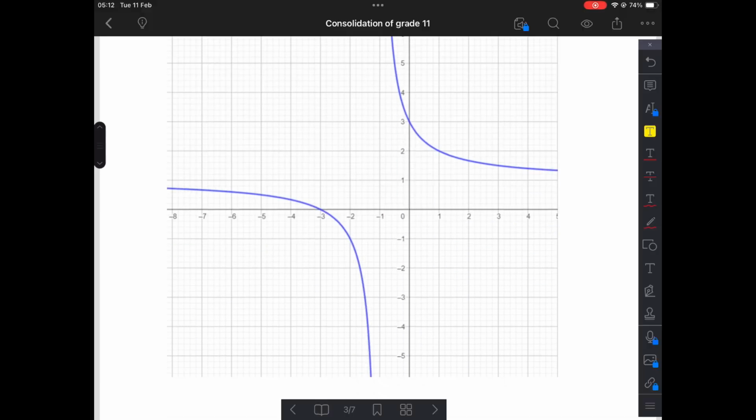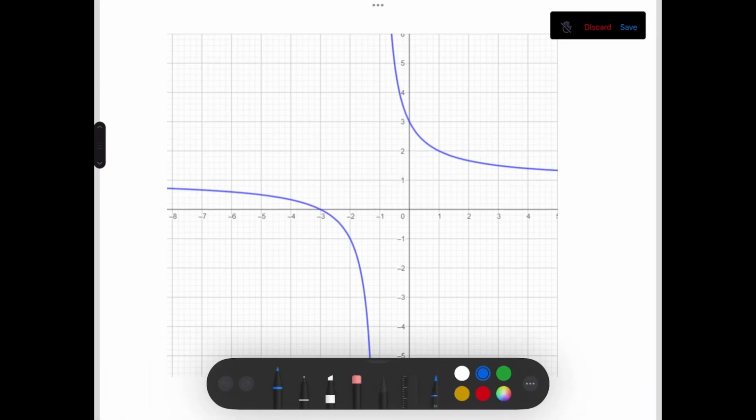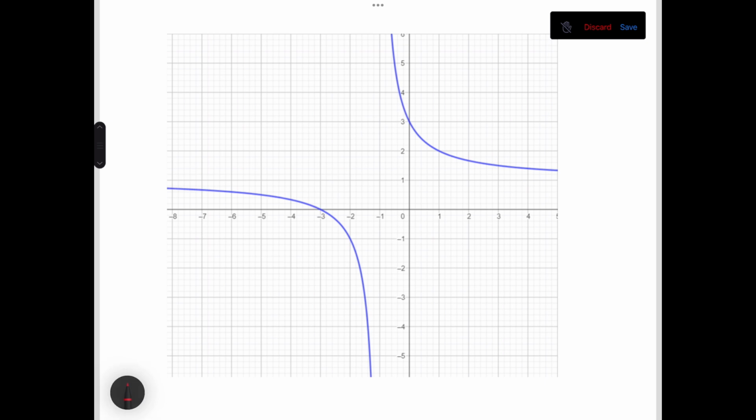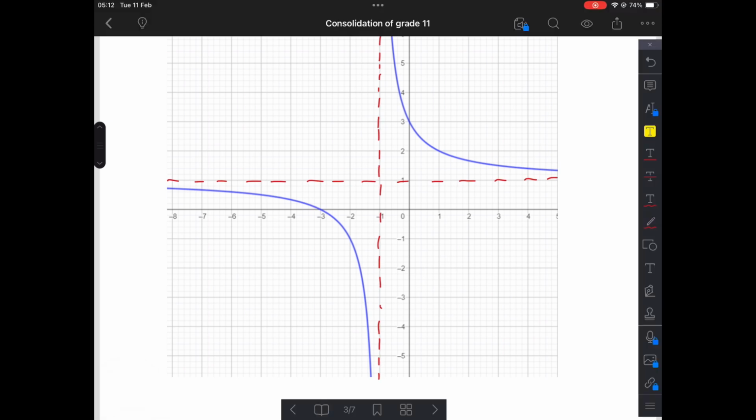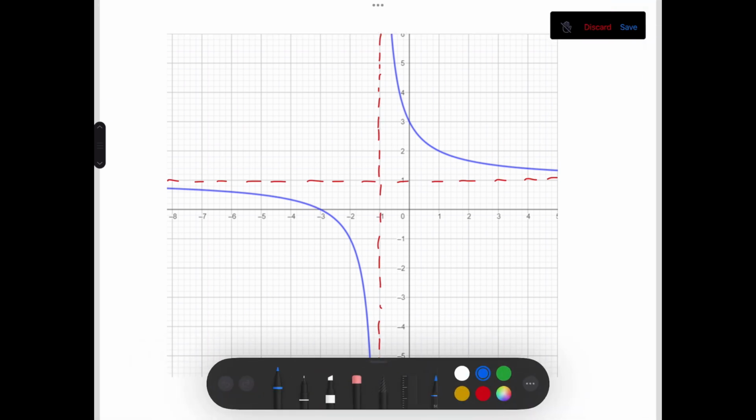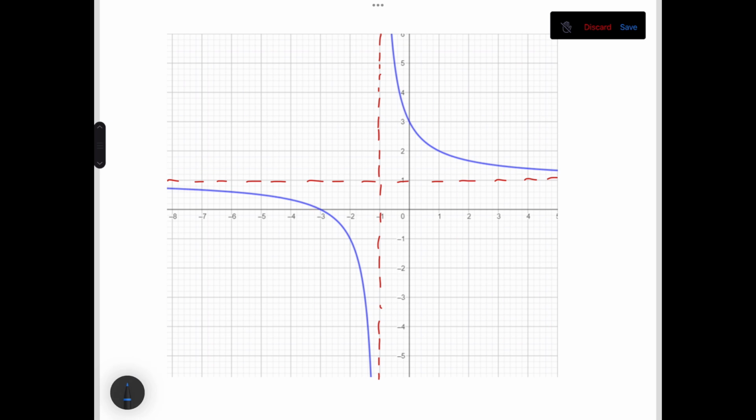What is this one called? Now, some of you will definitely know what this one is called. Before we identify it, let's add in these dotted lines. Are these vertical line tests? What do you think? Let's see, can you post in the comments?